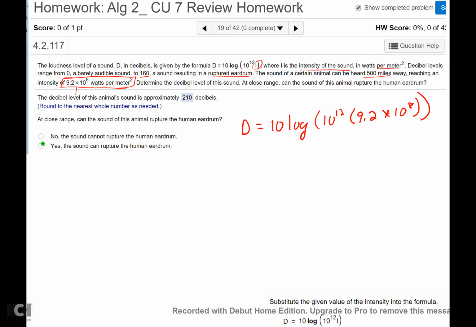So, if I type in 9.2 times 10 to the 8, and I multiply that by 10 to the 12th, I get 9.2E20.